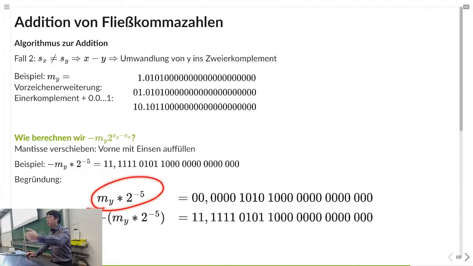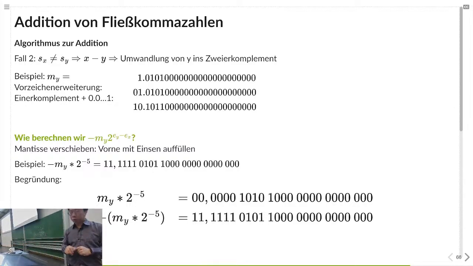Dann das Zweierkomplement von dieser Zahl berechnen. Oder wir machen zum ersten minus my umsetzen und danach nach rechts 5 Stellen schieben. Aber dann muss man Einsen vorne auffüllen. Okay?